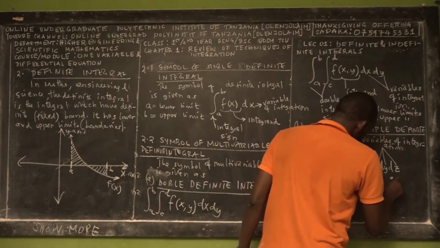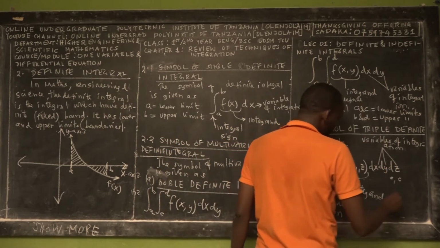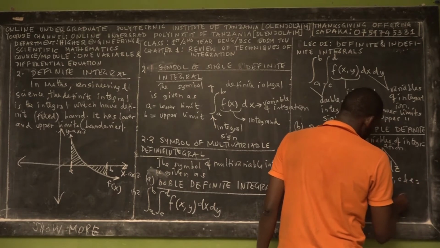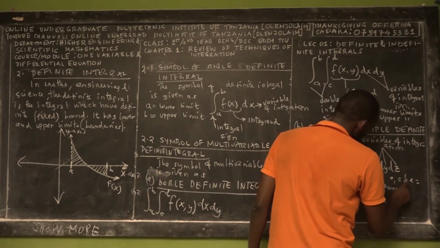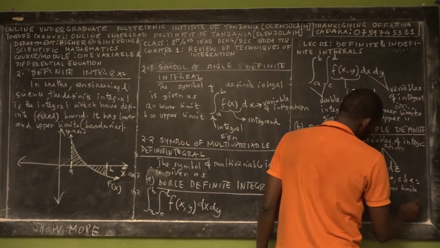So A, C, and E represent what? Lower limits.